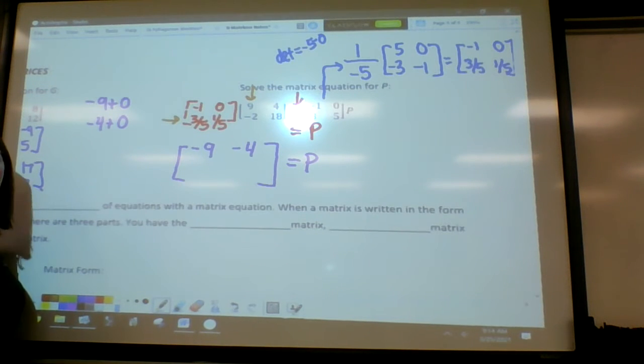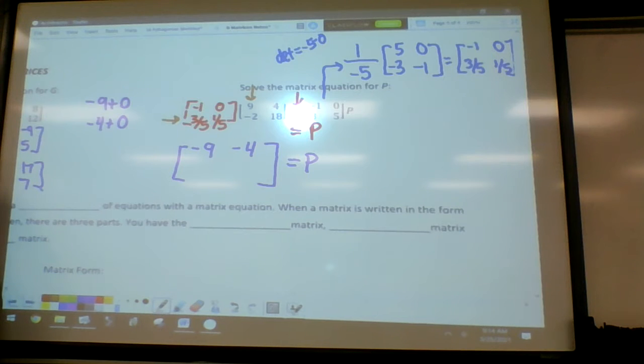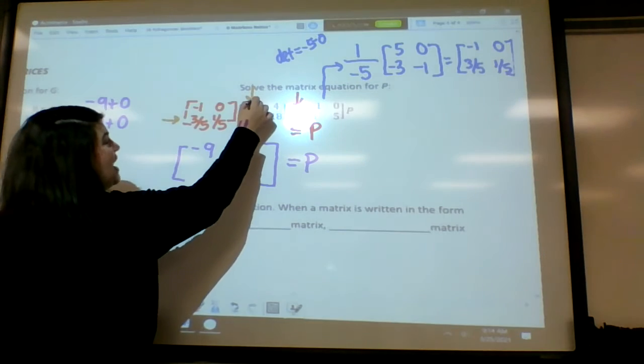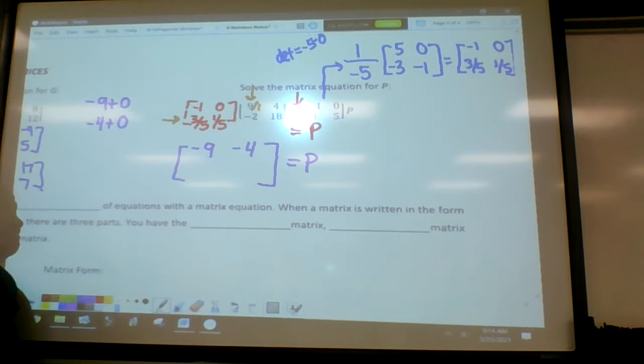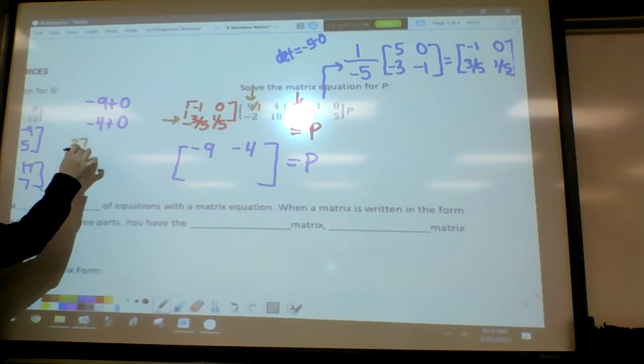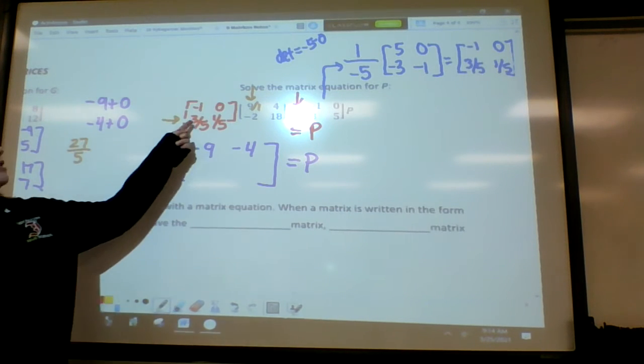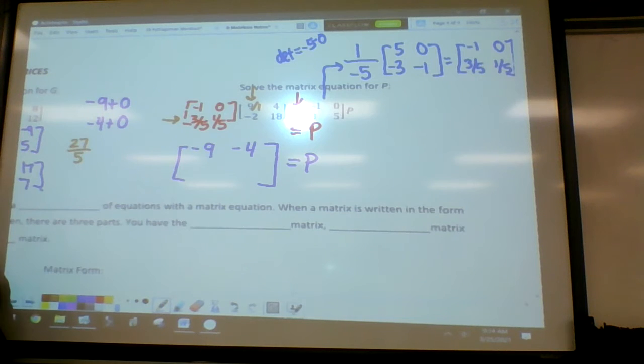You learned it back, I don't know, probably like second grade or something like that. What is it? Yeah, you can think of this as 9/1 if you want, right? And if you're multiplying, you multiply the top and multiply the bottom. So 3 times 9 is 27. 5 times 1 is 5. So that first spot here becomes 27/5.